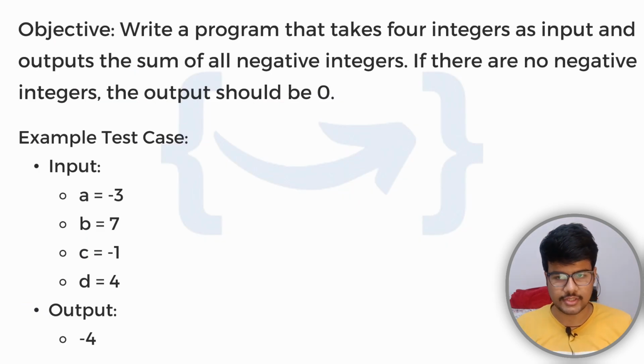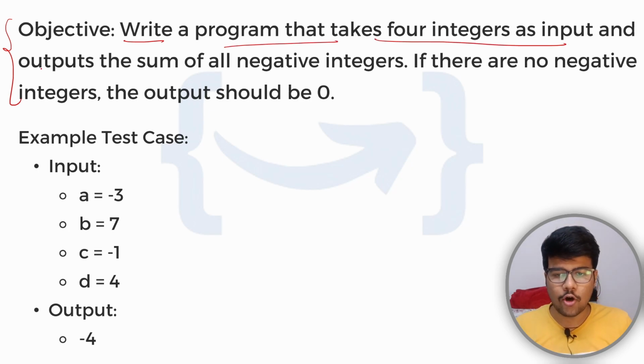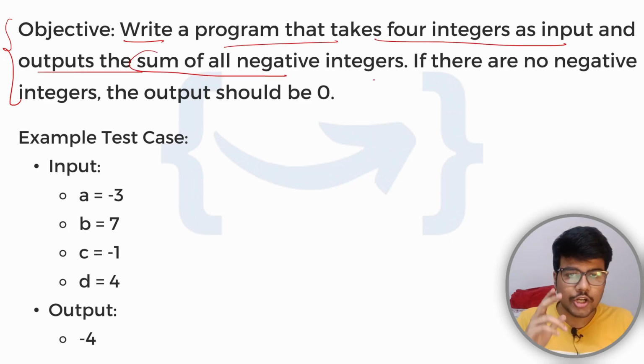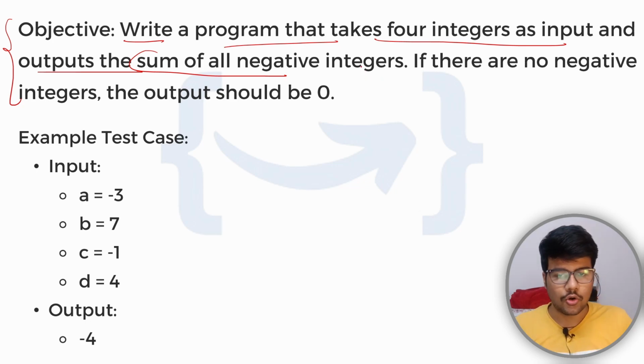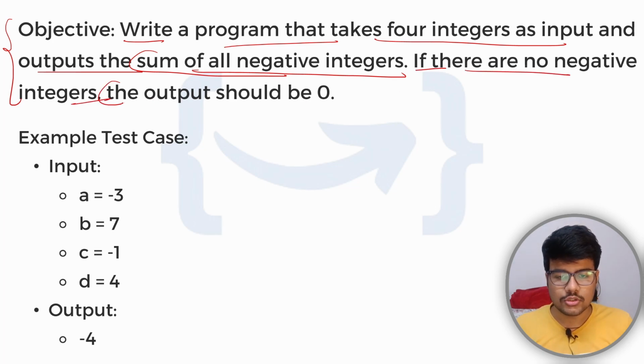The objective is to write a program that takes four integers as input and outputs the sum of all negative integers. Be careful while reading the problem, guys. If there are no negative integers, the output should be 0.